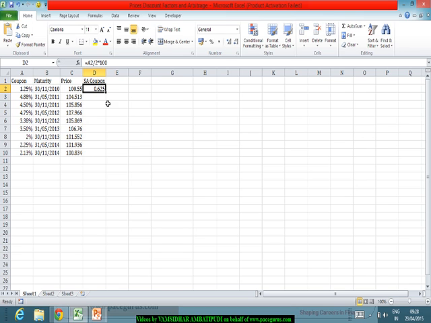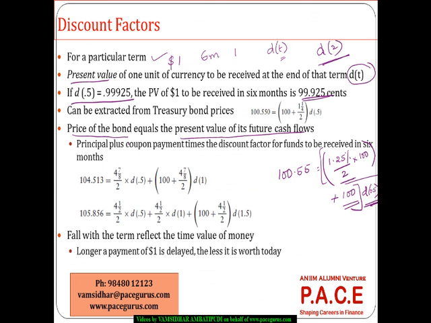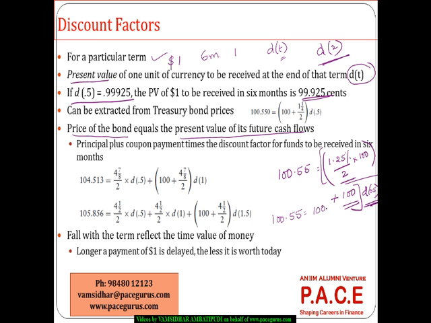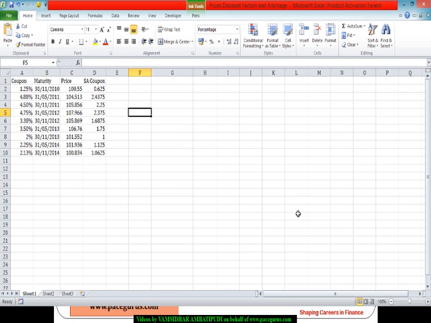So what does this mean here? 100.55 is equal to 100.625 multiplied by D of 0.5. So D of 0.5 comes out as 100.55 divided by 100.625.